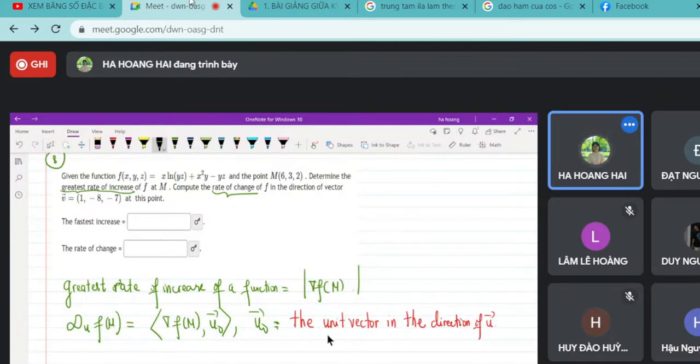We need the length of the gradient vector, so we need to find fx here.